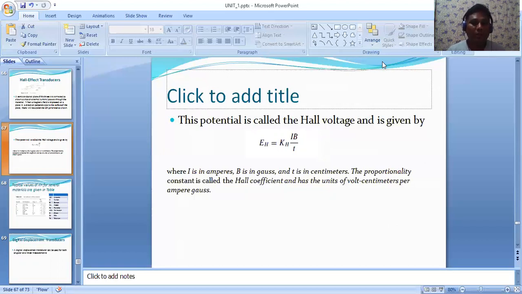Finally, the proportionality constant is called the Hall coefficient and has the unit of volt centimeter per ampere gauss. That means current is involved, then the magnetic field is involved, then thickness is involved. Three components are involved in the product of the current in this transistor.